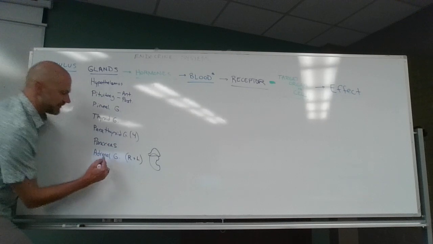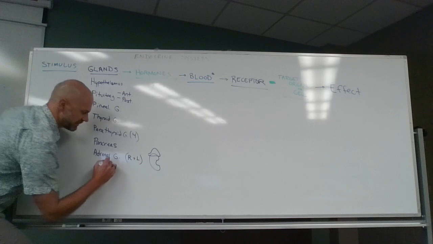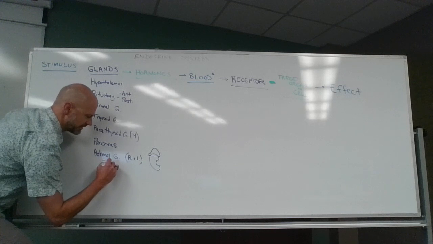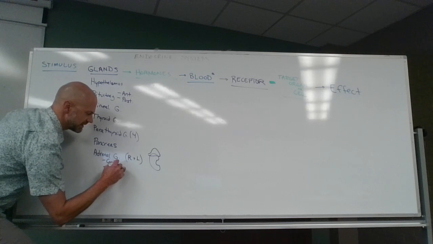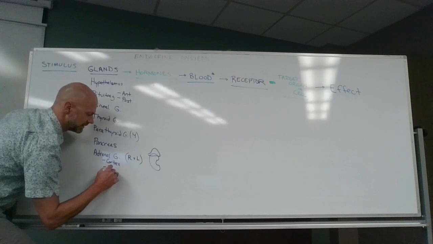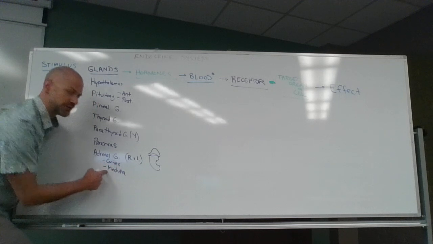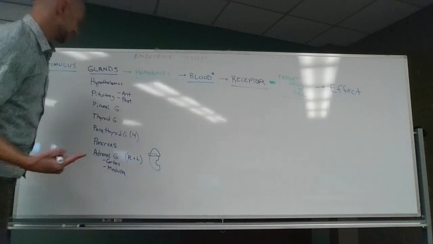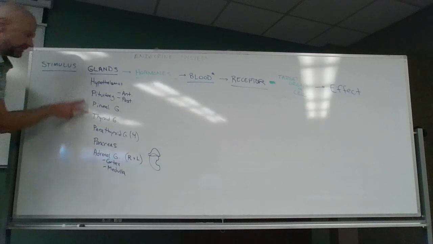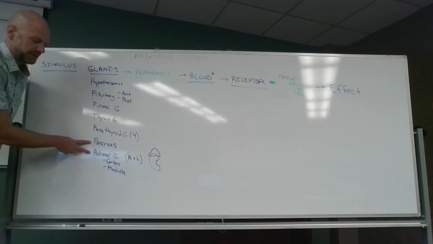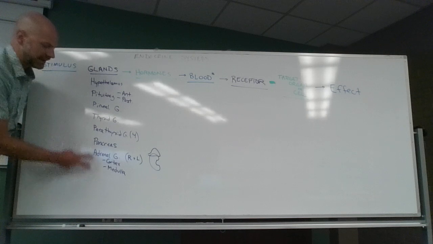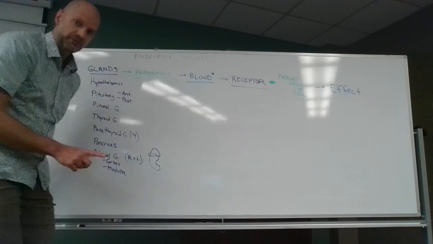The other thing to remember about the adrenal, I'm going to put 2 little dashes here, is that we have an adrenal cortex and an adrenal medulla. Okay? 3 in the head, 2 in the neck, 2 in the abdomen, and then 2 here, 1 for male, 1 for female.